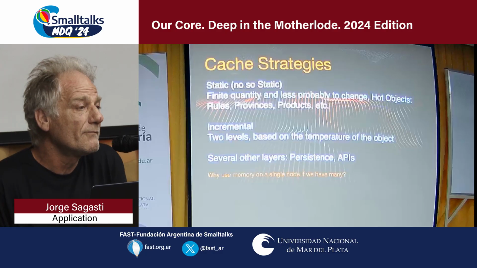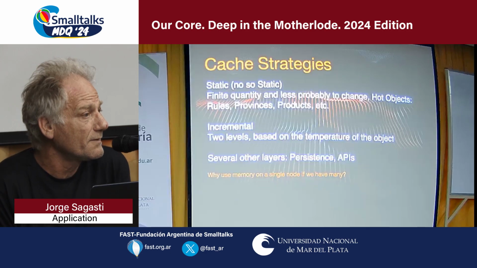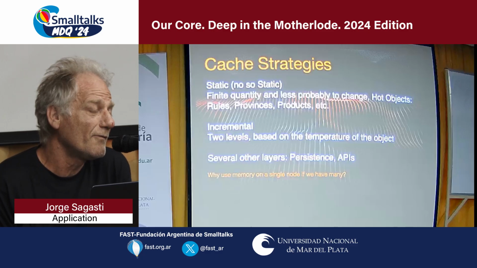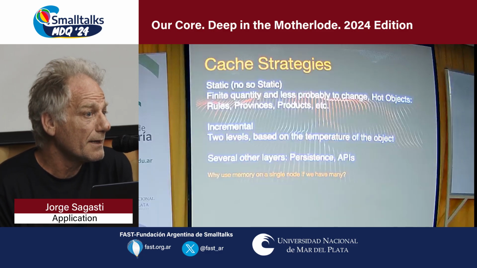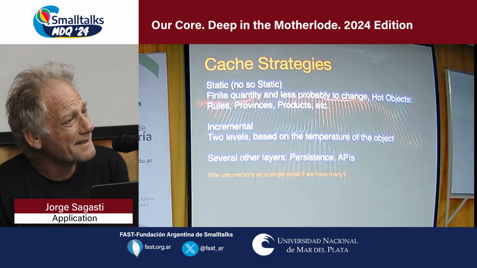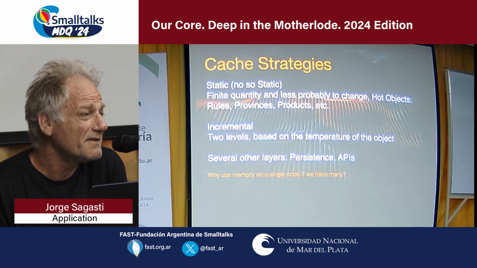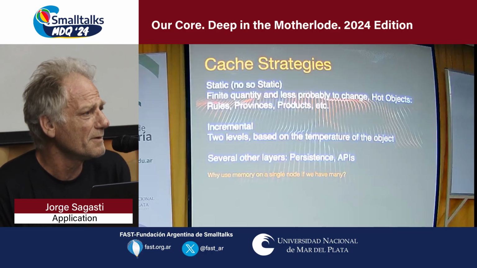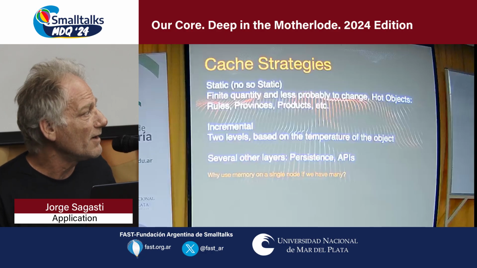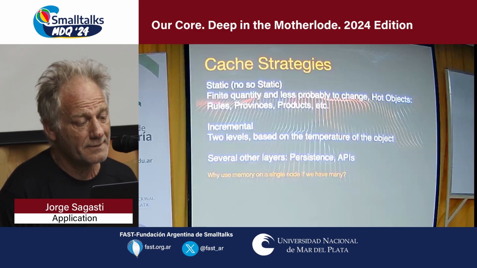So we have two cache strategies. The first one is quite simple. We just keep it the old-fashioned way. We keep some data on each instance in memory. This is data that is not going to change frequently, and it's finite, like countries and provinces, things we will need eventually during any user call to our system.